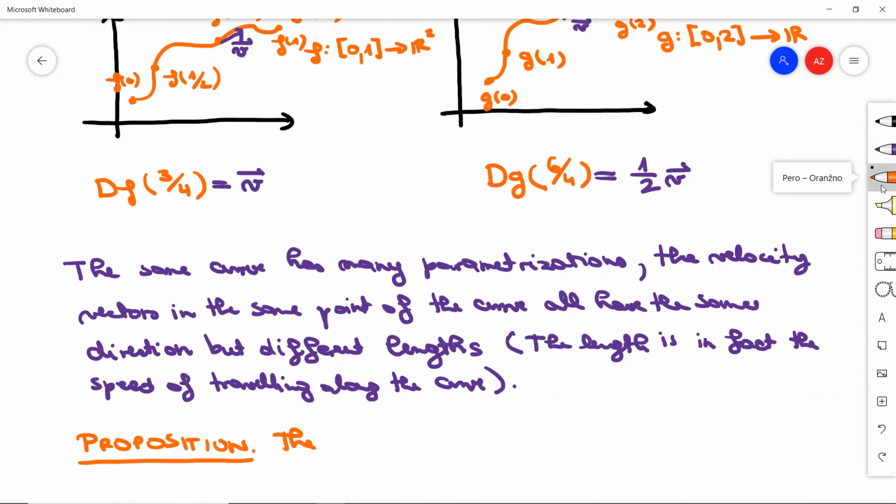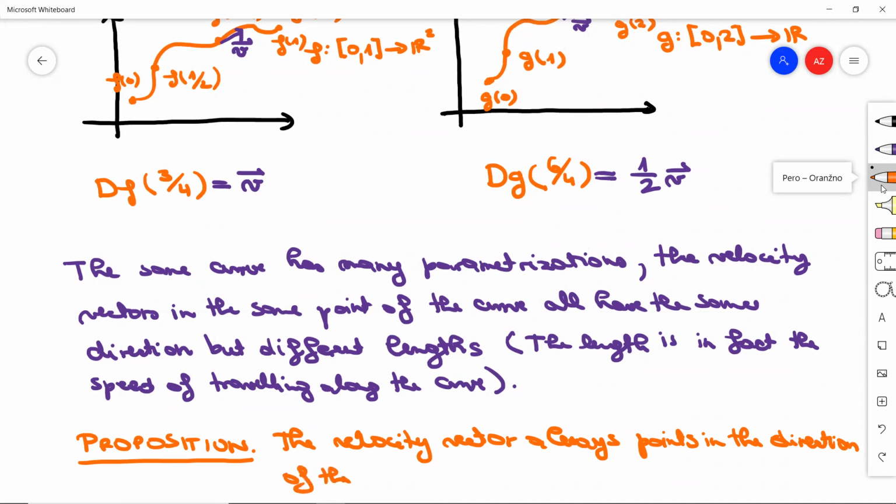The velocity vector always points in the direction of the tangent to the curve in the given point.